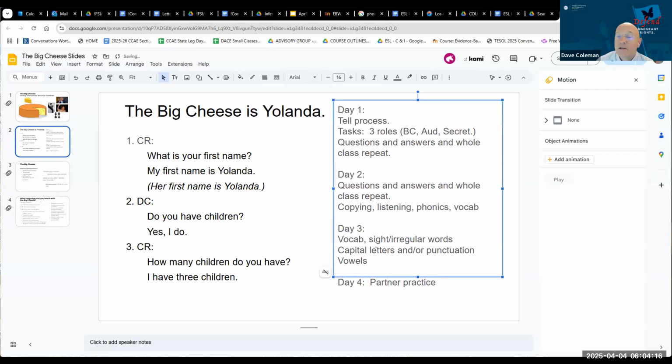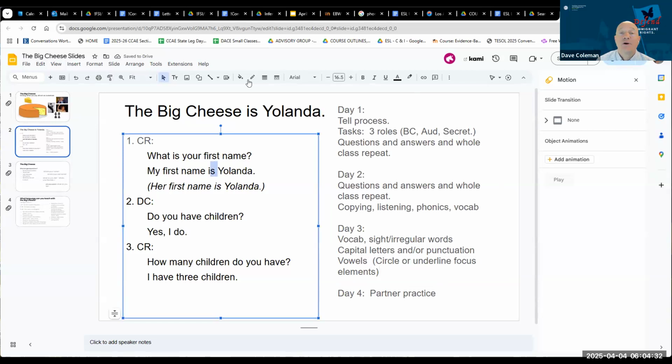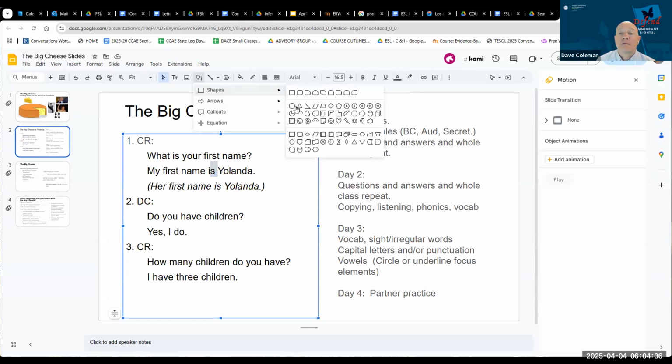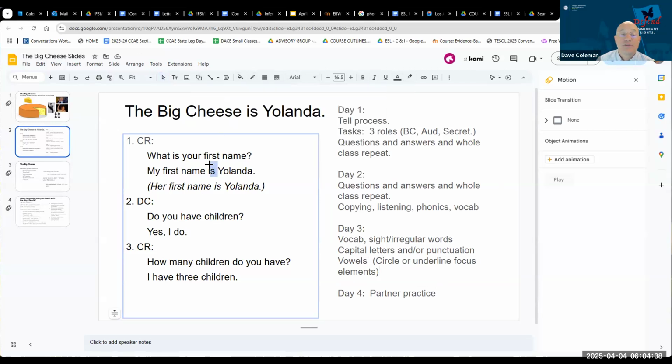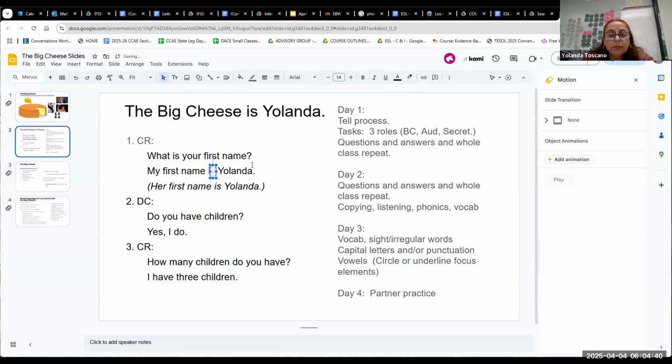Okay, let me put this here. Circle or underline focus elements. Does that make sense when I say circle or underline focus elements? So like you're focusing on a third person S, like is, you're going to maybe circle it. I'm doing this all digitally to show you that you can do it. But it takes a little bit.